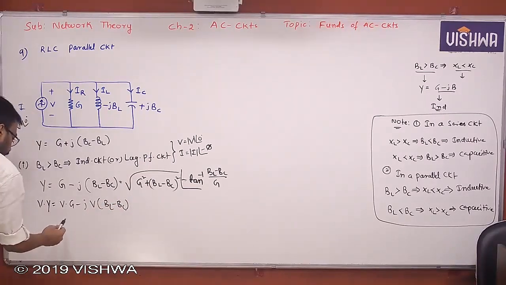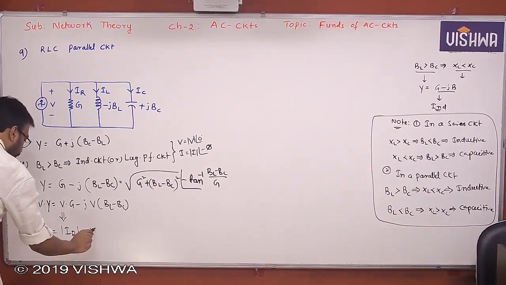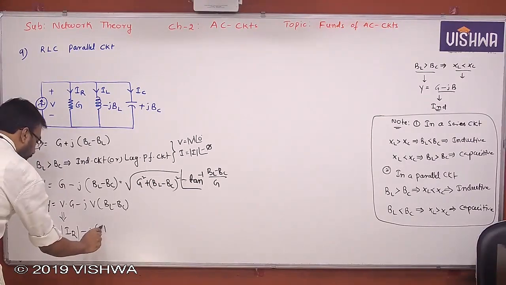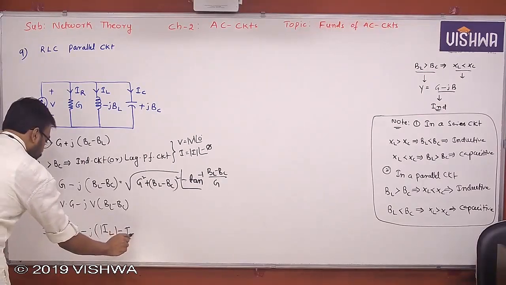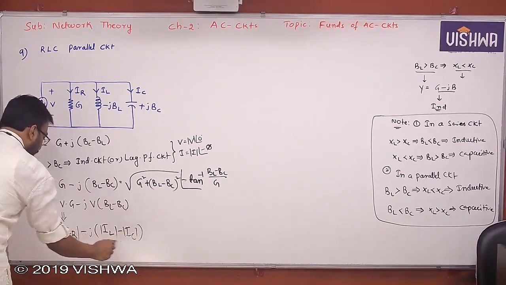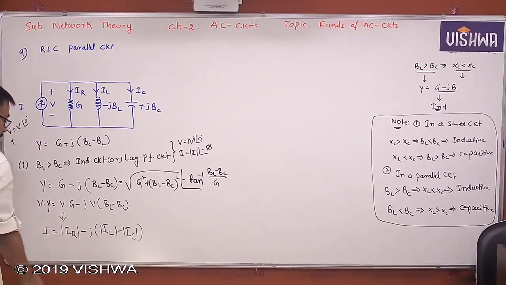Clear? So if you take this one, then you have I is equal to IR, I can take the magnitude directly, minus J (IL minus IC). So I got a chance here to take the magnitudes directly because the angle of V is 0. Therefore, V or mod V are both the same. Therefore, IR and mod IR are both the same. Yes or no?